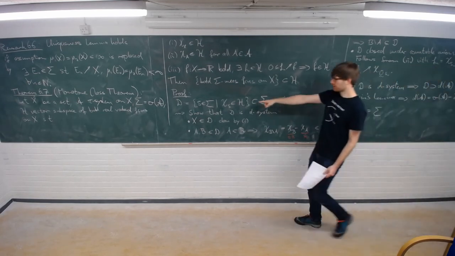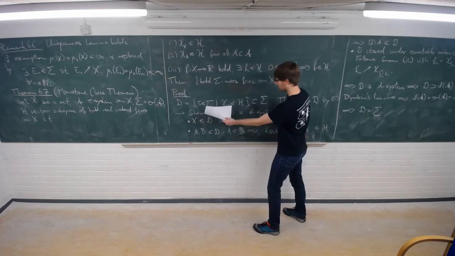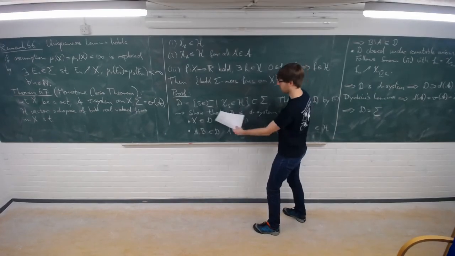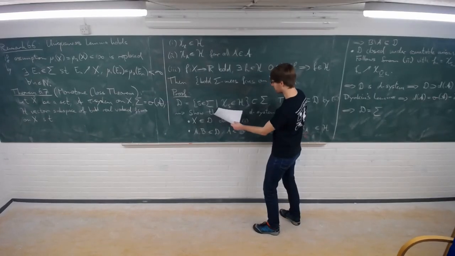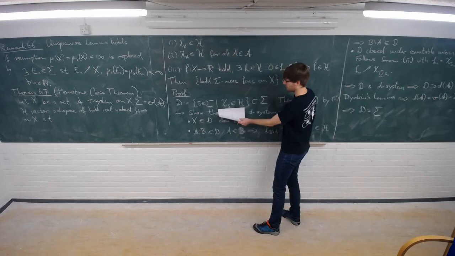And now let's look at the definition of D again. If D is equal to Sigma, then this just means that this property, chi_S in H, holds for every S in Sigma.